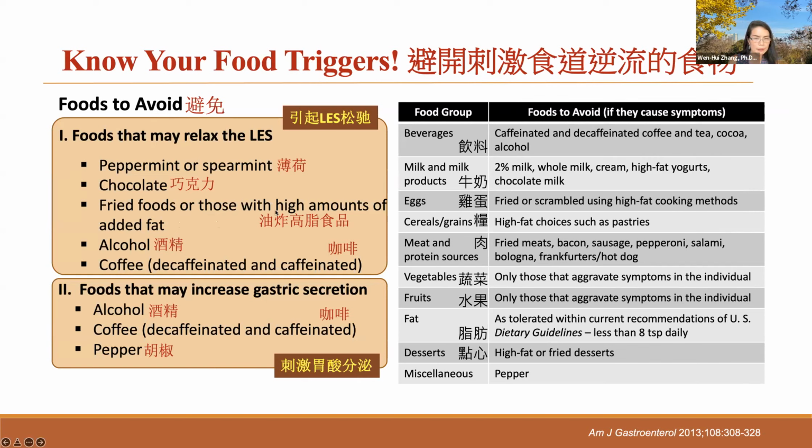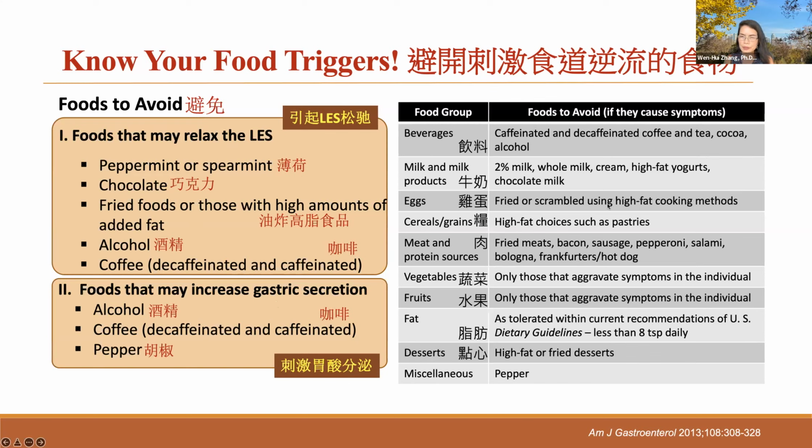A lot of restaurant foods are fried with oil, so they're very high in fat. Alcohol, coffee, and pepper may also increase gastric acid secretion. So people who experience acid reflux symptoms need to avoid these foods.